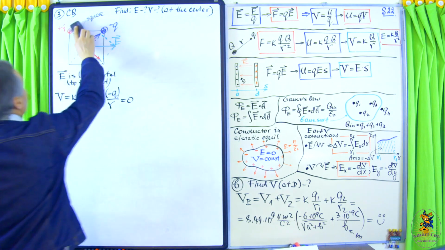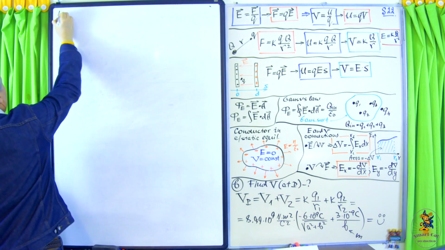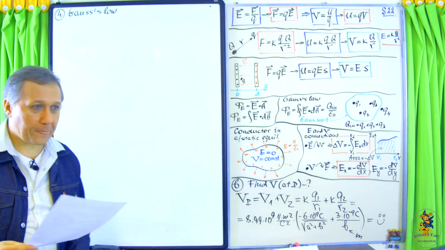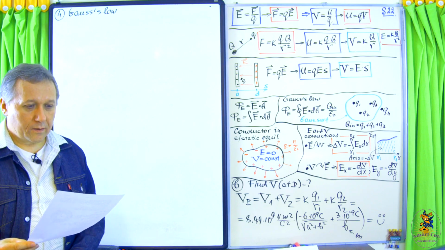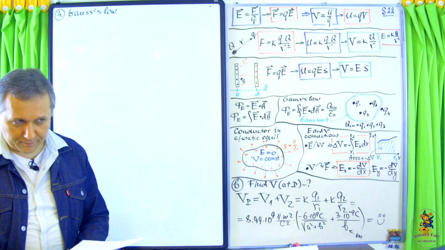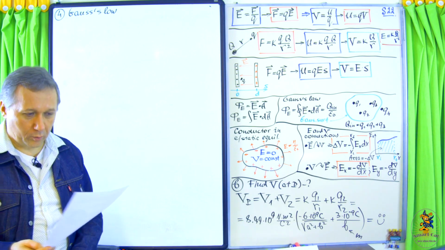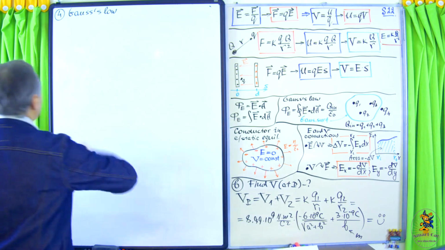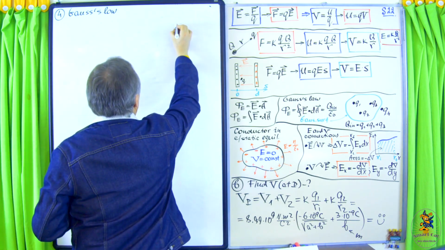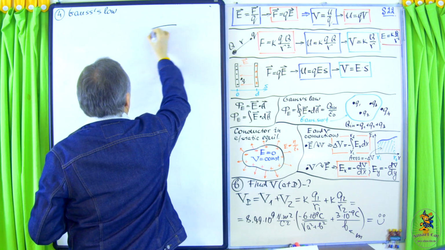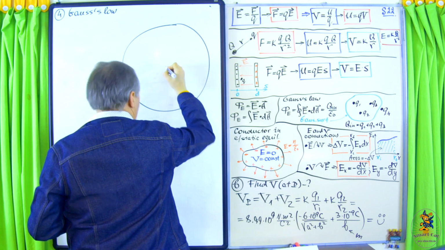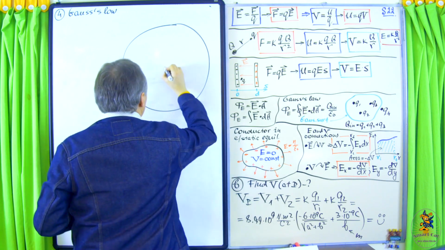So now Gauss's law. And I prepared this problem. A spherical non-conducting sphere with a concentric hole. Okay, let me draw that. Maybe I will draw it here. So this is a sphere with radius.